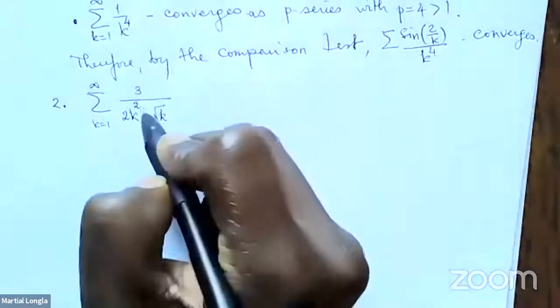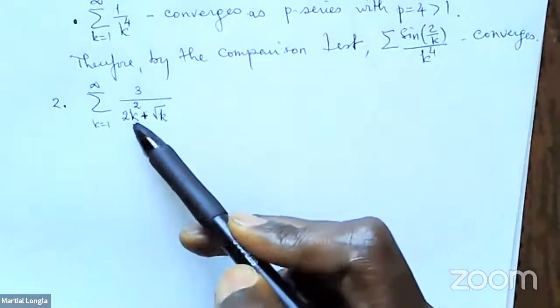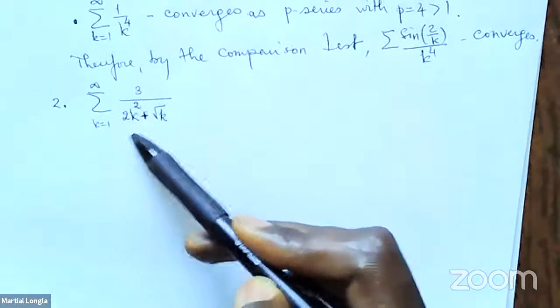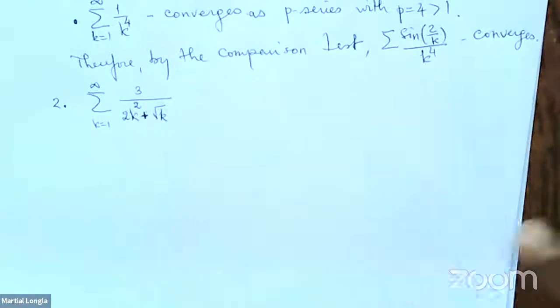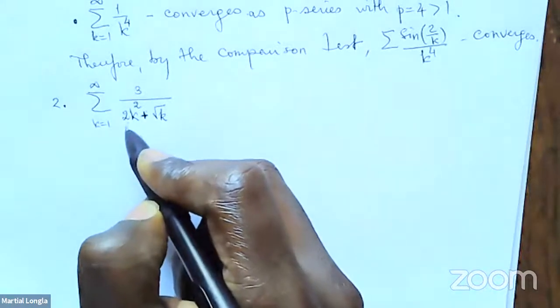Now in this case, you have 2k squared and then you have square root of k. This thing is larger than that. Therefore, the leading term is that one.